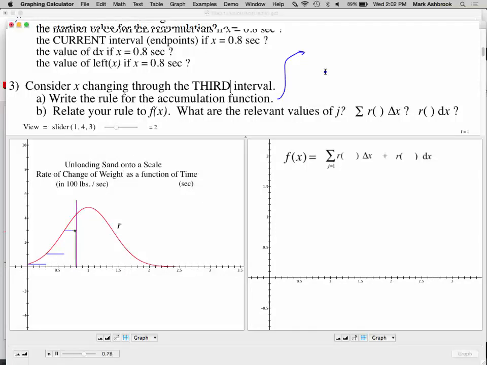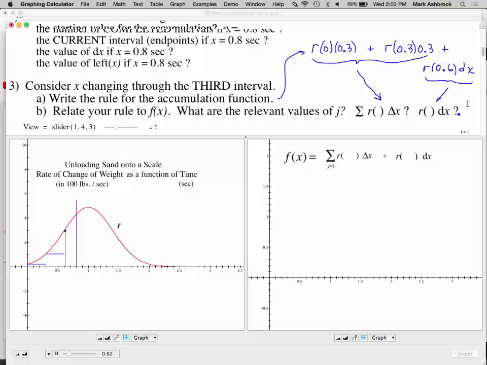Final minus initial. So, okay, I've answered question B.